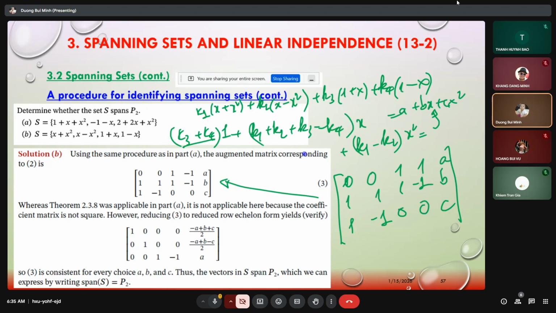K1 minus K2 X square, right? Why? This is K3, K4, right?